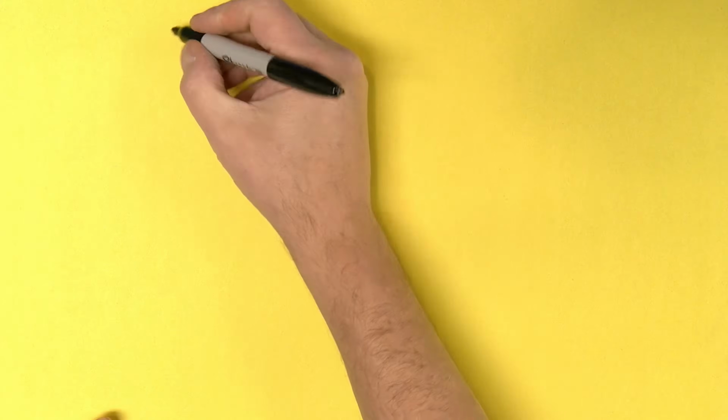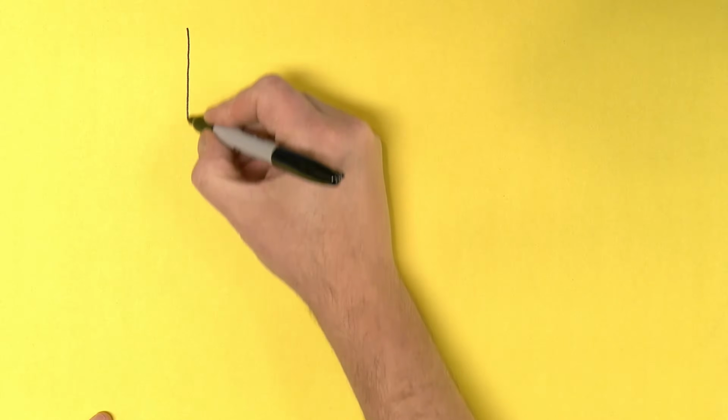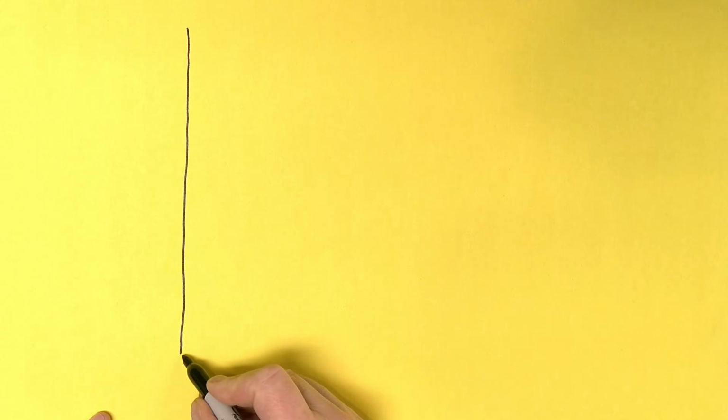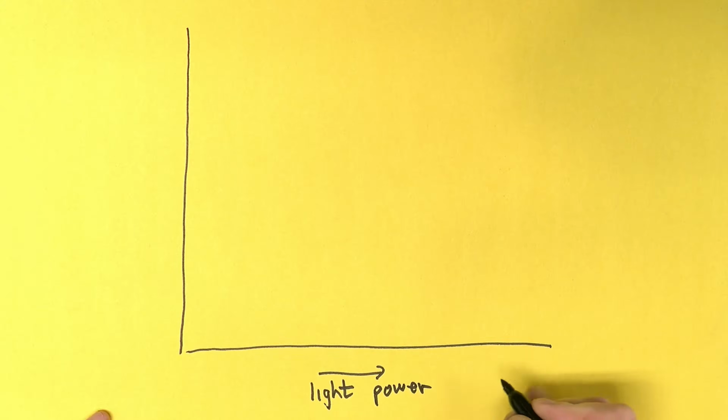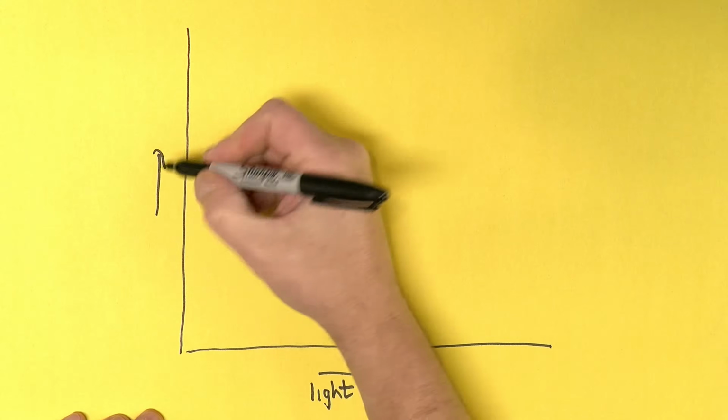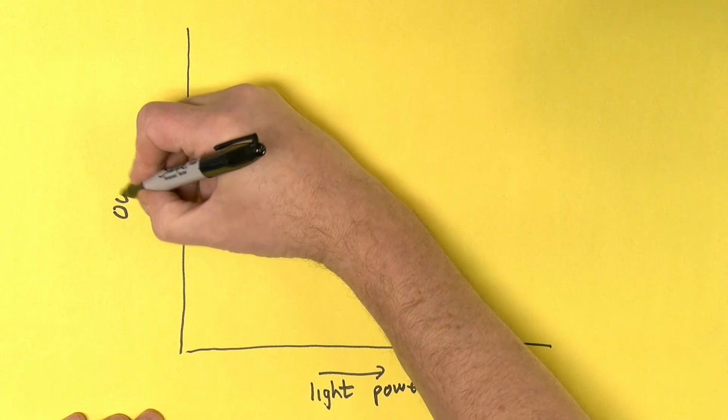The other thing that might be worth talking about is how film and electronic imaging differs. Well, we can look at that with a fairly standard graph that shows, on the bottom here, the amount of light power intensity falling on the film or the sensor, and in this direction, the output.